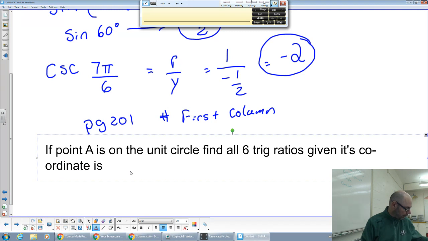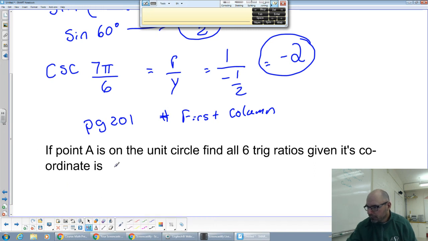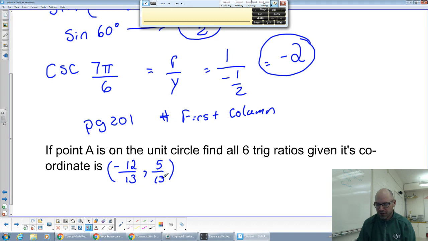I've got to find one coordinate that works here, so let me just find one that'll work. Oh, here's one. This one will give you nice round numbers. Negative 12 over 13 and positive 5 over 13. Negative 12 over 13 for x, and y is 5 over 13. So when you do that, it should give you some nice round numbers.